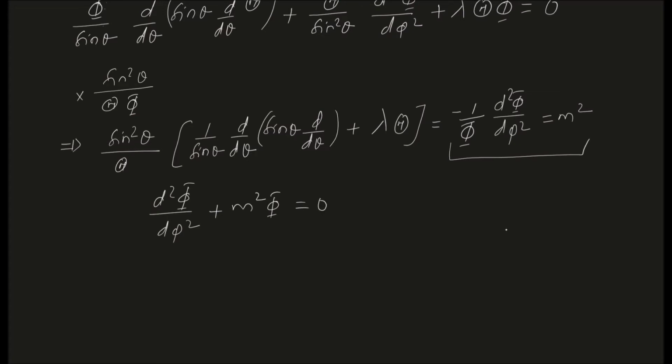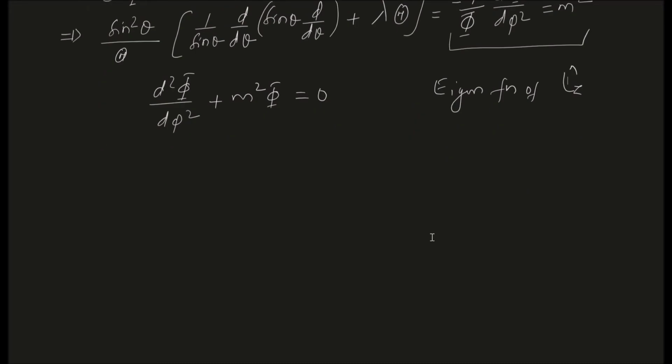So what we are trying to do is get the eigenfunction of the Lz operator. Now, this expression we have solved several times, and I'm not repeating the same thing. You know that the solution for this simple second order differential equation is given by capital phi is equal to some constant times e raised to im phi.